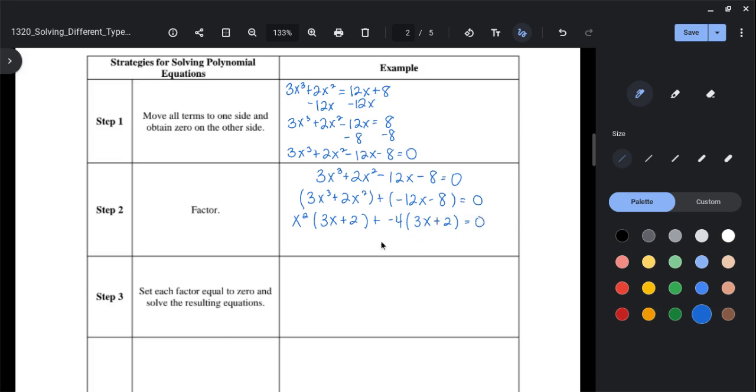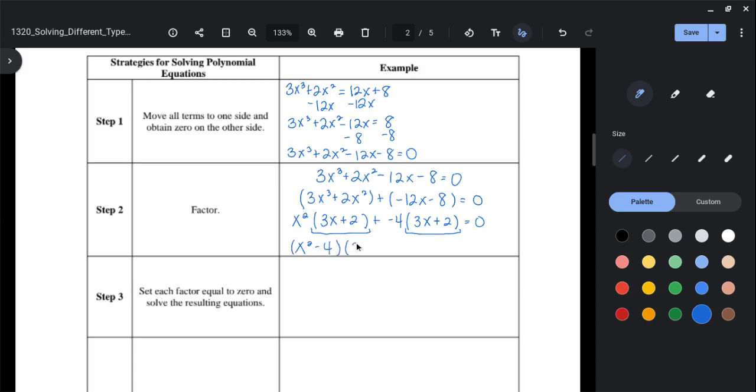Again, an important thing to notice when we're factoring by grouping, remember that what's in these parentheses has to be the same. If they aren't, then we can't factor it by grouping. So in this case, our factors are going to be our greatest common factors. So x squared minus 4, and then what we had in our parentheses, that was the same.